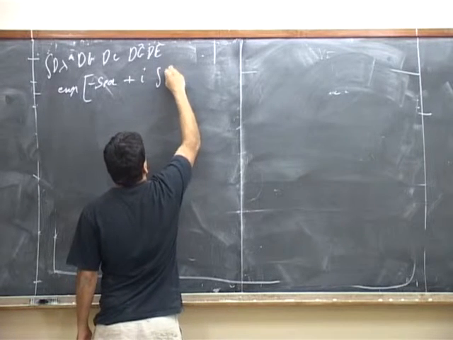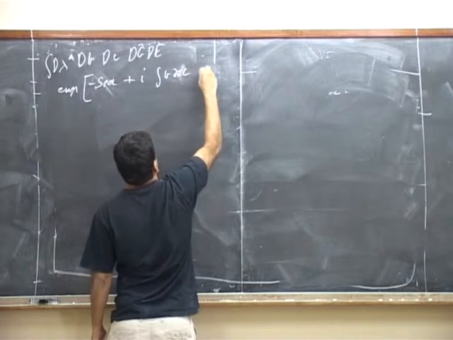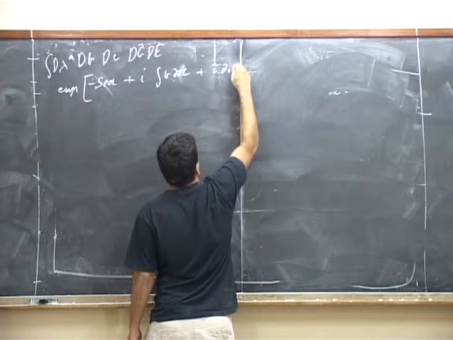We get b del bar c plus b tilde del c tilde.